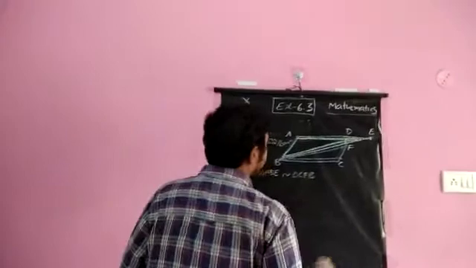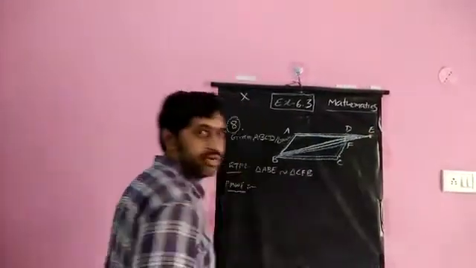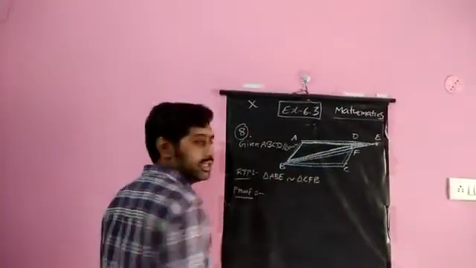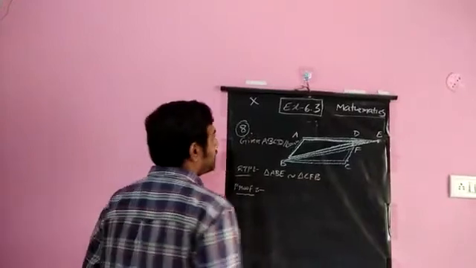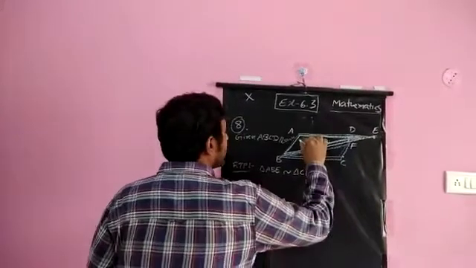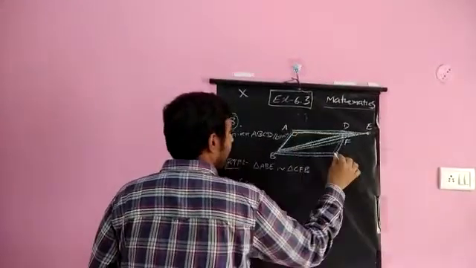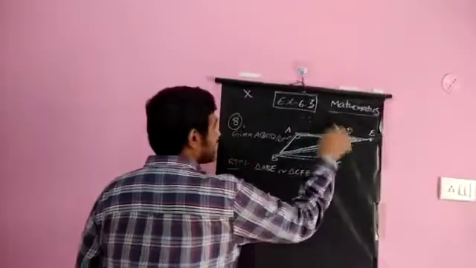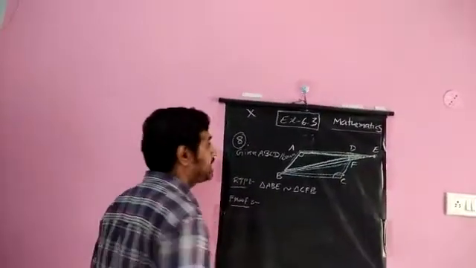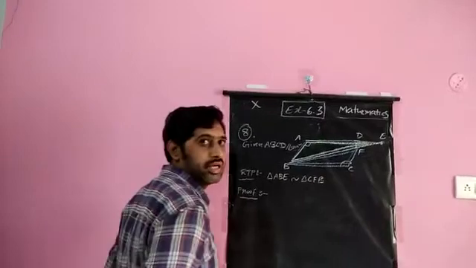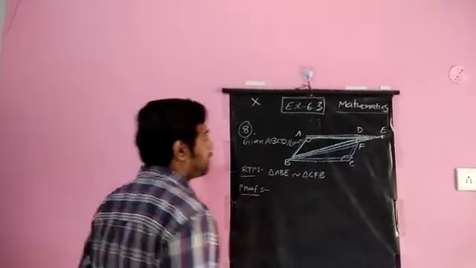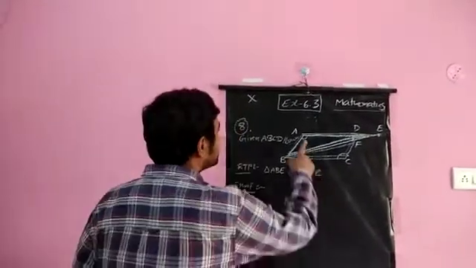In parallelogram ABCD, we have these two triangles. Out of that, we need to see the required property here. In the parallelogram, one angle is A and the other angle is C. These angle A and angle C are opposite angles of the parallelogram ABCD, and we know that opposite angles of a parallelogram are equal.